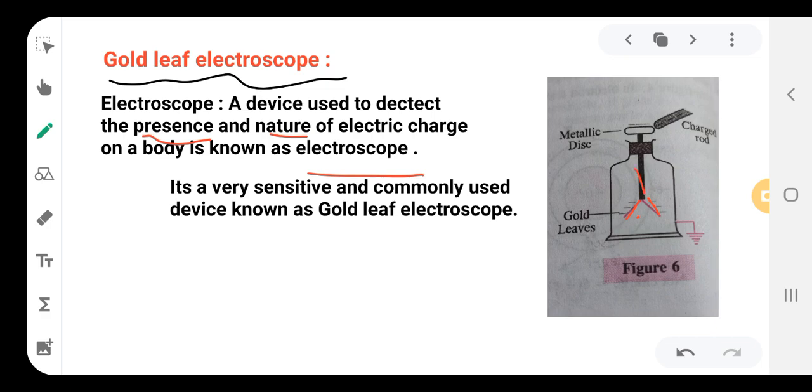Here there is a metallic disc. I will read out the parts of this electroscope. There is a metallic disc, and inside goes the metallic rod, and at the end point there are two gold leaves, right?